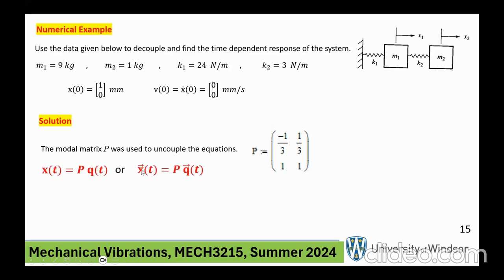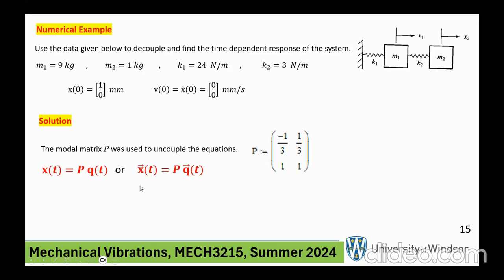And the change of variable in order to decouple these things is the good old modal matrix times the modal coordinates. So we're going to abandon x of t in favor of the modal coordinate. x of t are the physical coordinates, which means x1 and x2, and q of t are the modal coordinates.